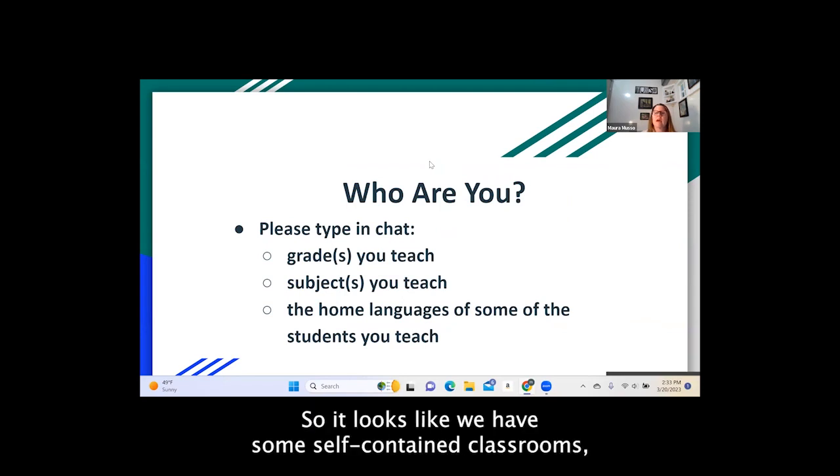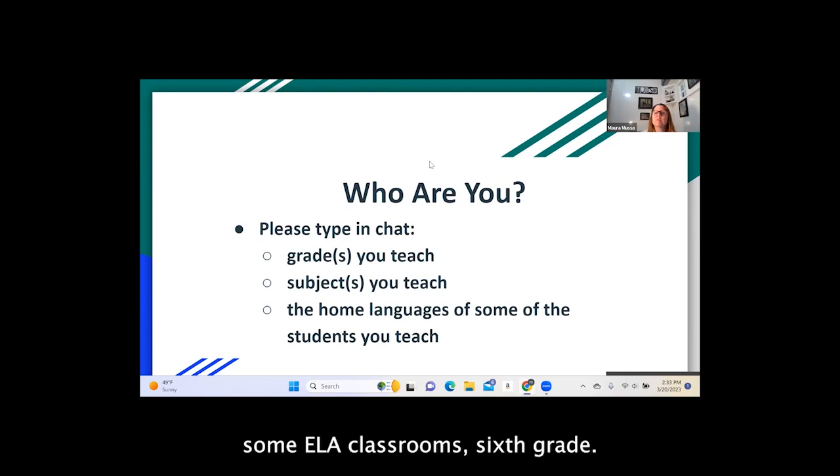All right, so it looks like we have some self-contained classrooms, some ELA classrooms, 6th grade. Welcome. Pre-K instructional coordinator, welcome. High school, phys ed, language is Spanish. Kindergarten, ELL.